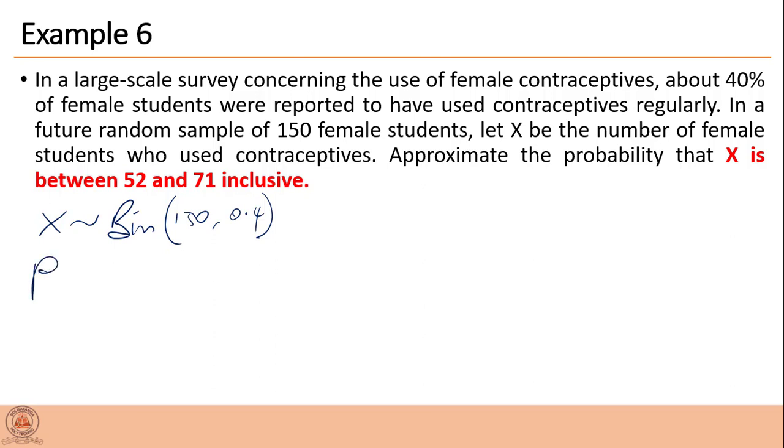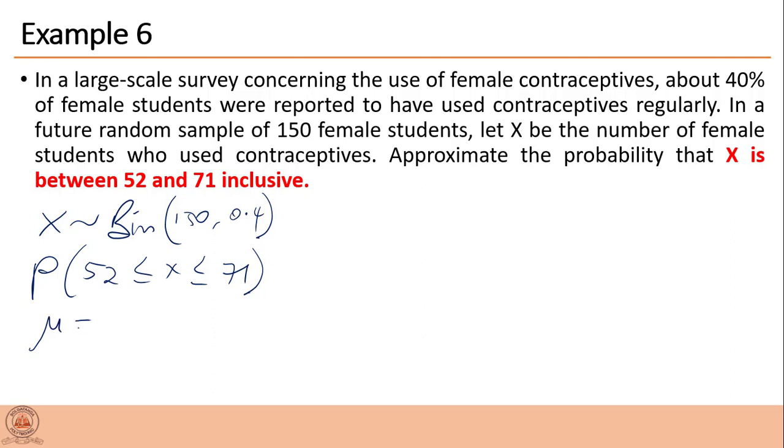So we have the probability of X being between 52 and 71. If we were to use the binomial case, we would have to do the probability of X equals 52 plus 53, 54 up to 71, and that is going to be a very long way. So thank God for the approximation method.